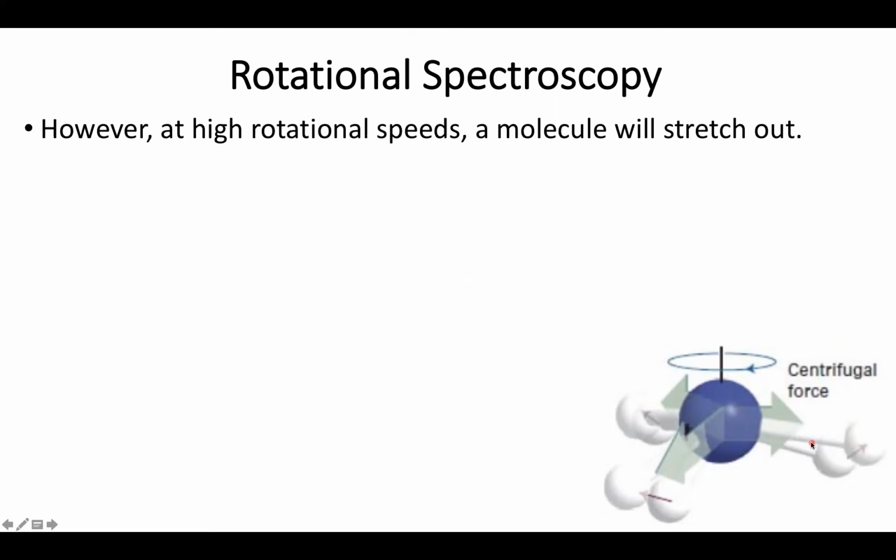And this stretching out is going to essentially slow down the rotation because I'm changing my moment of inertia. Because as r gets longer, moment of inertia goes up, modifying the energy of the system and even the speed of rotation.